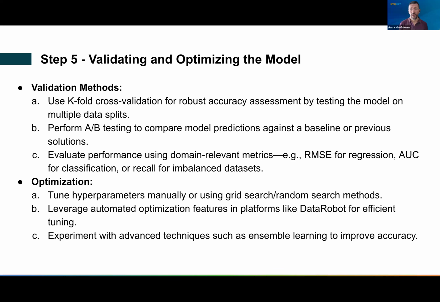There are some built-in features, like with, again, DataRobot and others that offer this automated tuning. So you don't have to run it, it's, okay, tune my model. And they will start tuning your model. Okay. Also experimenting with a lot of other techniques like ensemble learning. And ensemble learning is combining predictions from different models to improve.